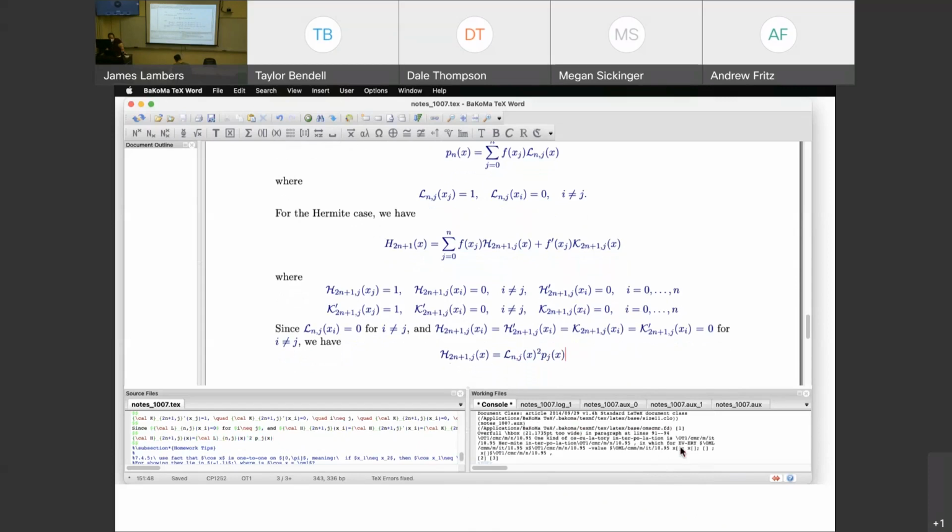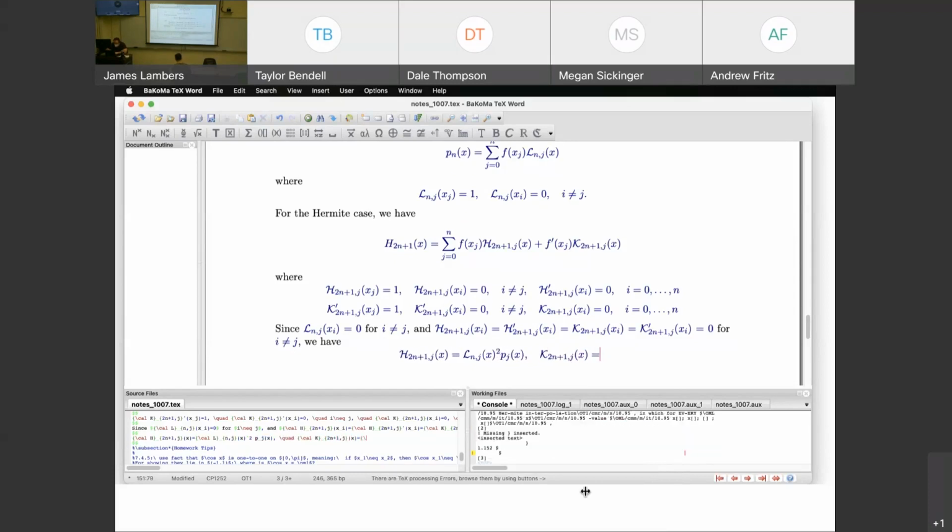Squared is degree 2n. But the overall degree has to be 2n plus 1, so we only have 1 degree left. So this is a linear polynomial that has 2 coefficients to specify. And the same can be said for the k's. That's equal to the Lagrange polynomial, the same index squared, times some other first degree polynomial.